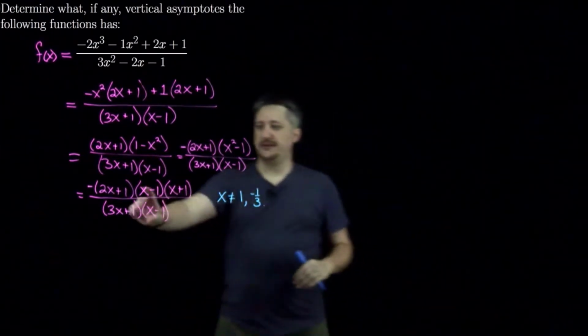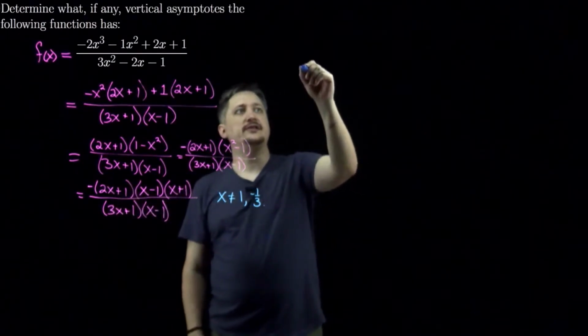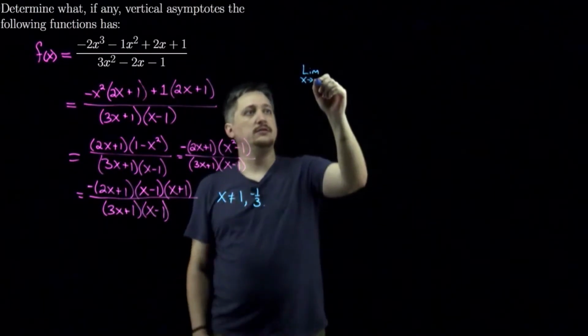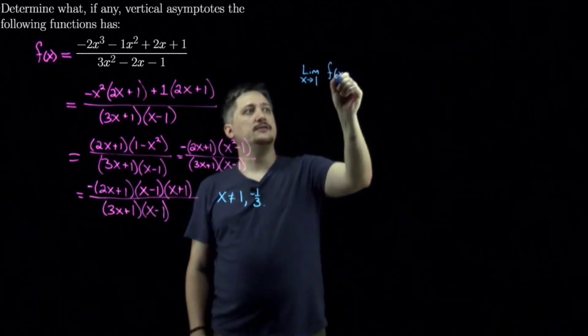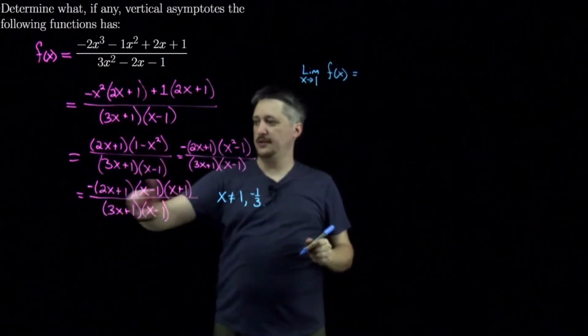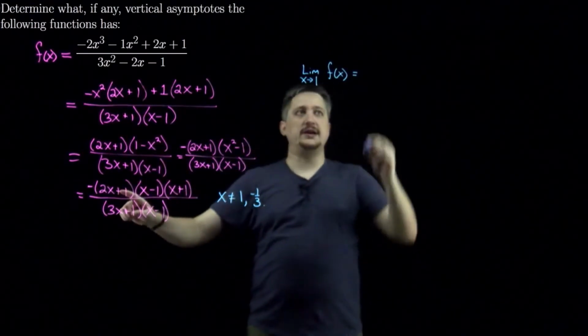So if I try to take the limit of this thing, let's say the limit as x goes to 1 of f of x, my big original function, which is now this thing. Well, if I try to plug in 1, what do I get?